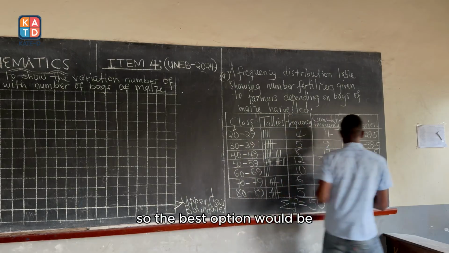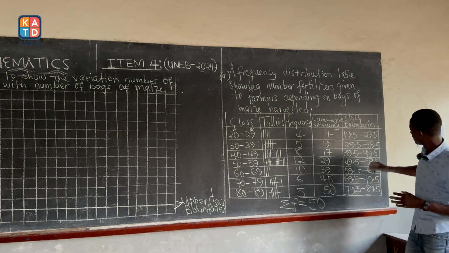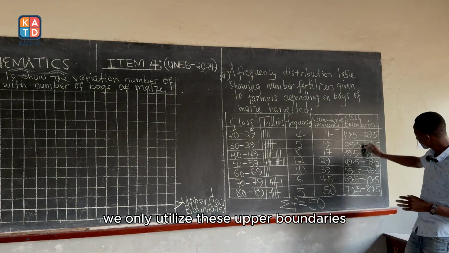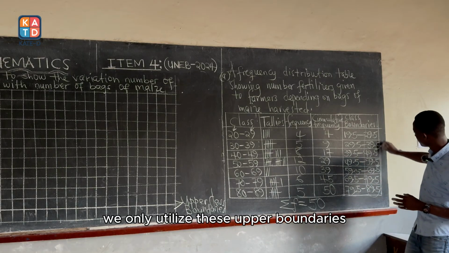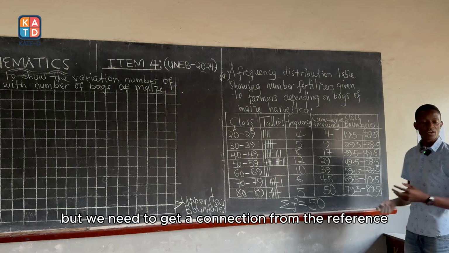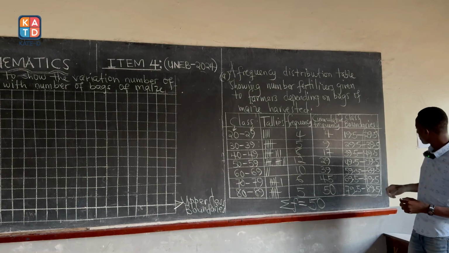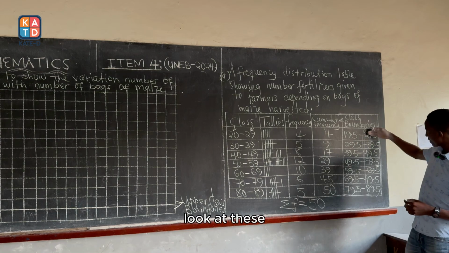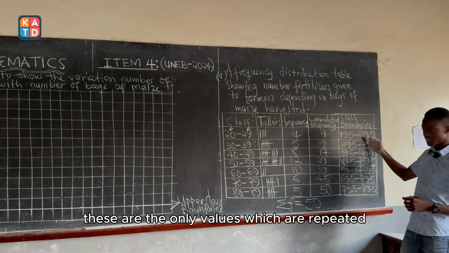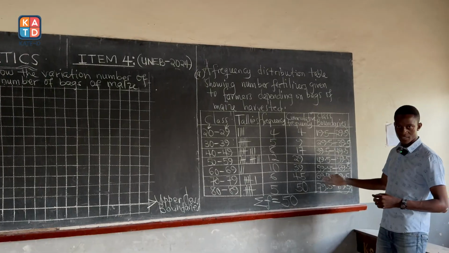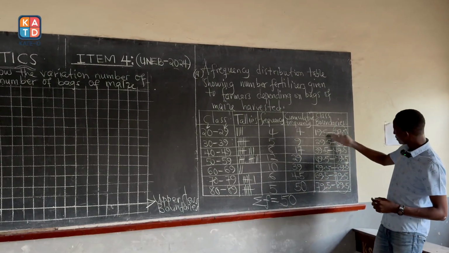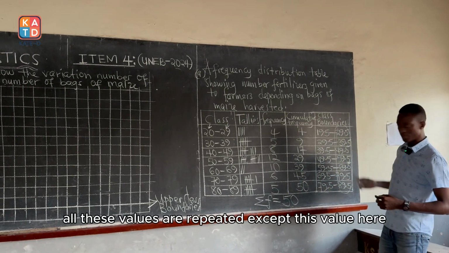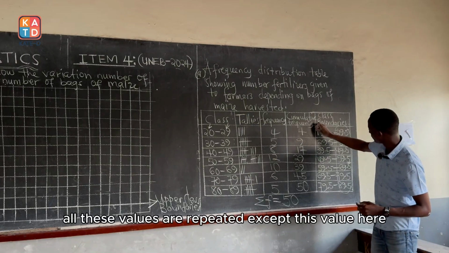So the best option would be we only utilize these upper boundaries, but we need to get a connection from the reference. When you look at the lower part, all these values are repeated, except this value here.